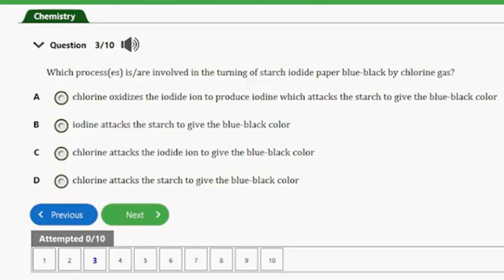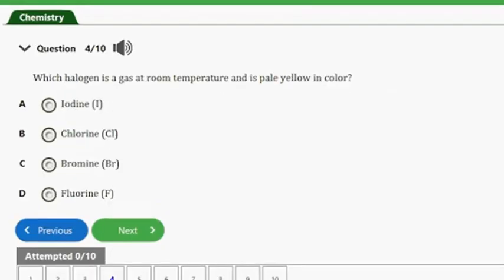C, chlorine attacks the iodide ion to give the blue-black color. D, chlorine attacks the starch to give the blue-black color. So guys, the answer to this question here is option A. Chlorine actually oxidizes the iodide ion to produce iodine, which attacks the starch to give the blue-black color. Already we know that the action of iodine on starch will produce a blue-black color. So guys, that's it for this question. Let's consider the next question.